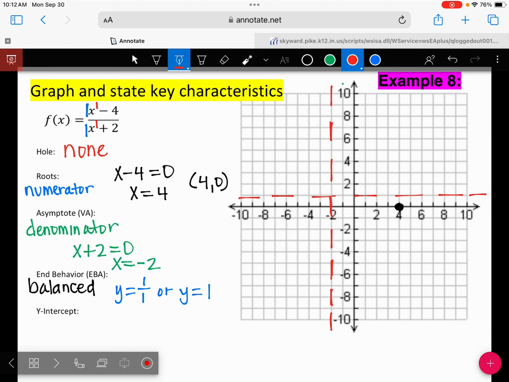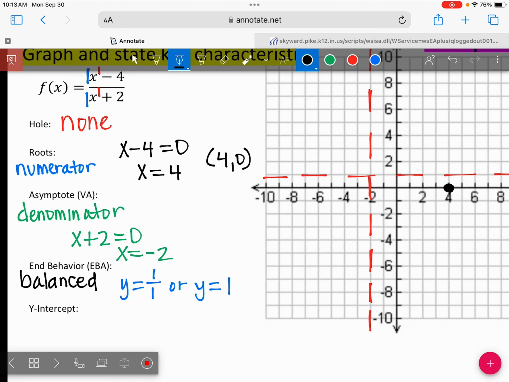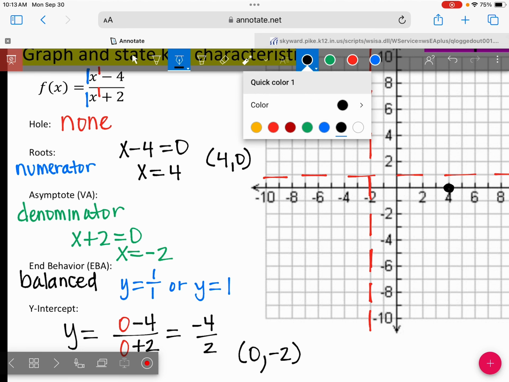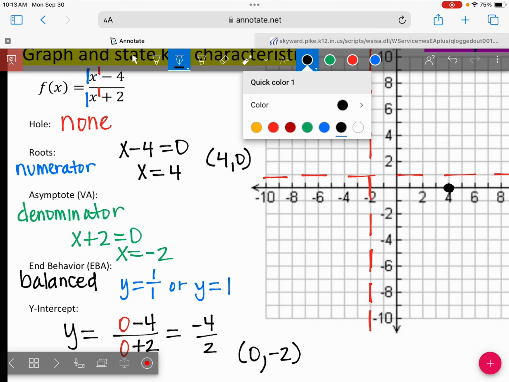And then lastly, we have our y-intercept. So to find our y-intercept, we substitute in a 0 for x. So that would give us -4 divided by 2, or 0, -2.